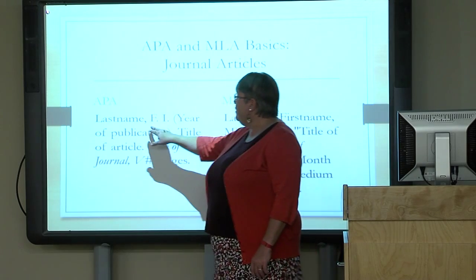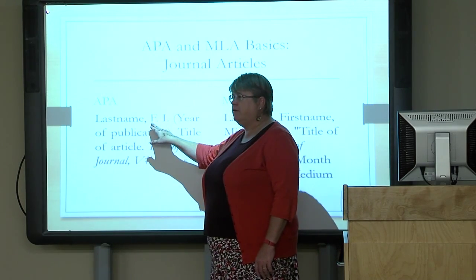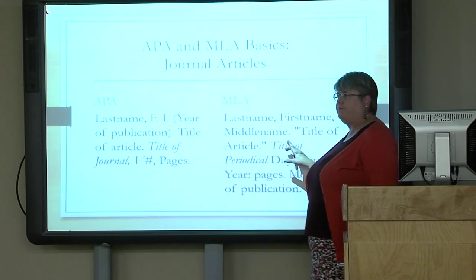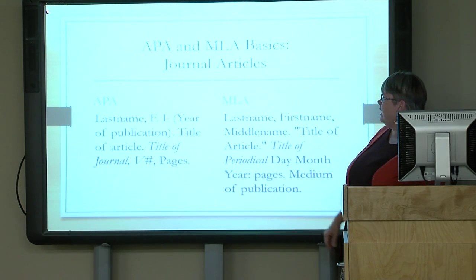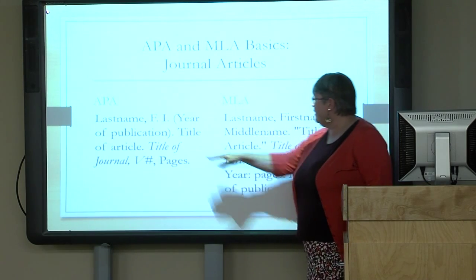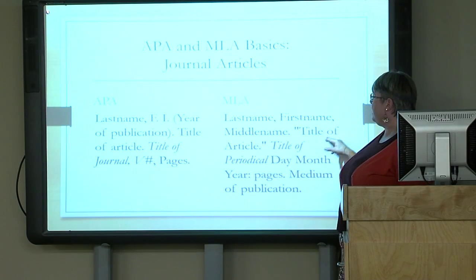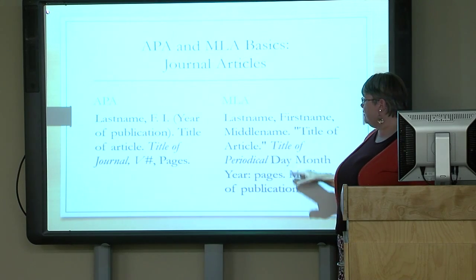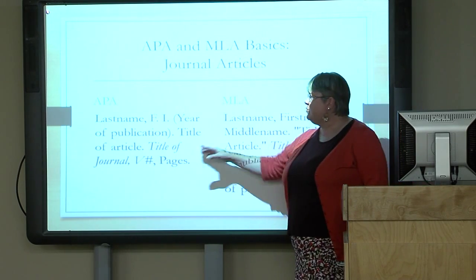In APA, you just use the first and middle initials. In MLA, use the whole name. In APA, just put the title in there. In MLA, you use capitalization and put it in quotations. Some big differences between the two.